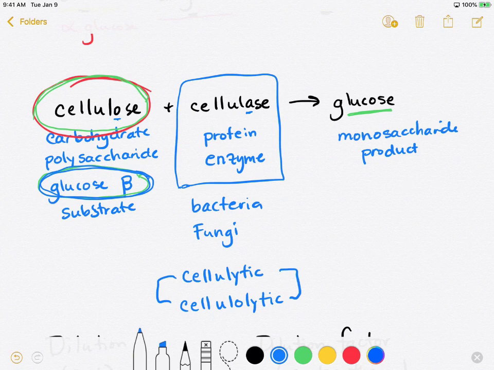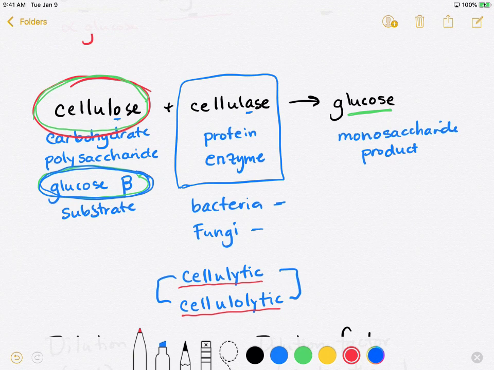We actually find cellulase in some bacteria. We also find cellulase in some fungi. To talk about an organism that is able to produce the enzyme cellulase, we sometimes call these organisms cellulitic or cellulolytic. These are the same term, they mean the same thing. They're describing organisms such as bacteria and fungi that are able to produce the enzyme cellulase.